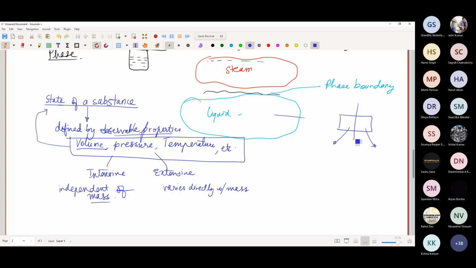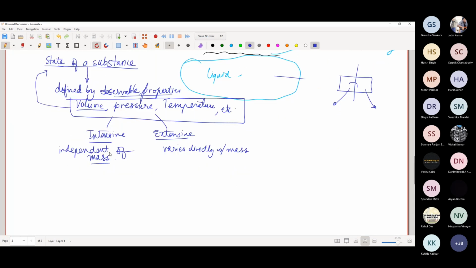This is not actually being split, this is split in your mind's eye. An extensive property such as the absolute volume is literally getting halved. You have studied this in your class 11, and I don't think I need to elaborate a lot on this anymore.